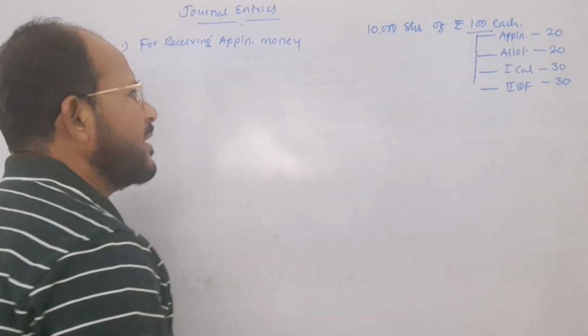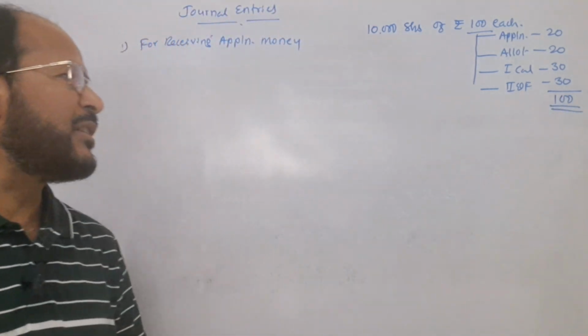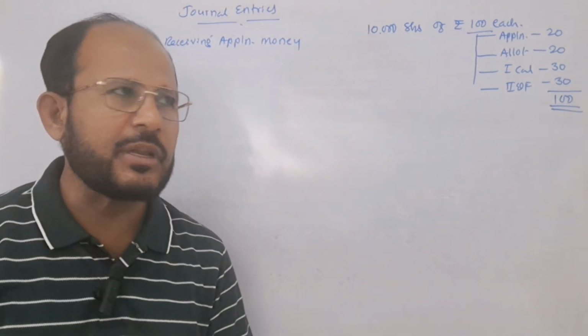Assume these are the installments set by the company. Rupees 100, that is the face value, the company is planning to collect in 4 different installments.